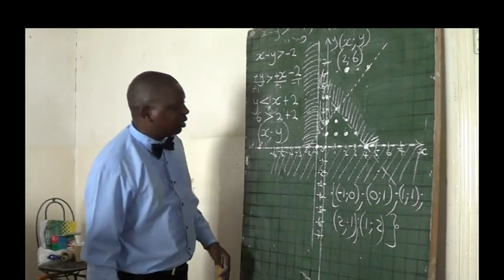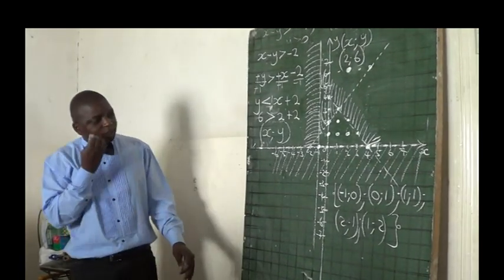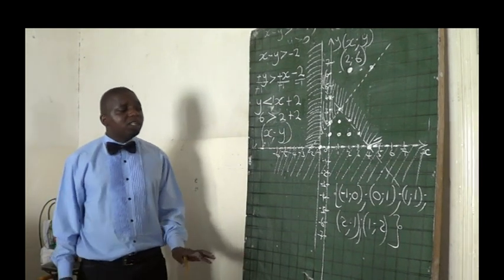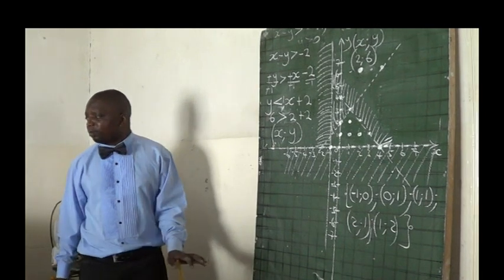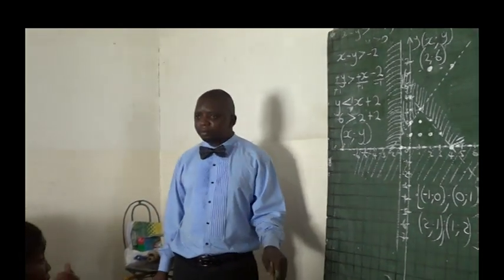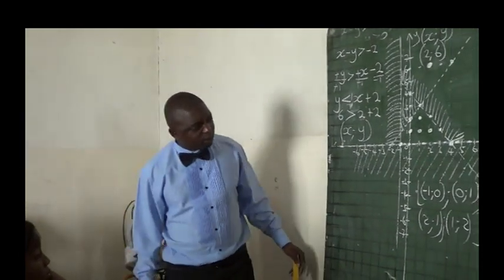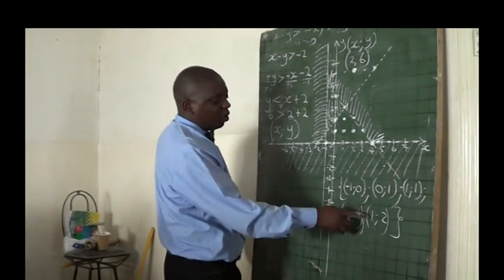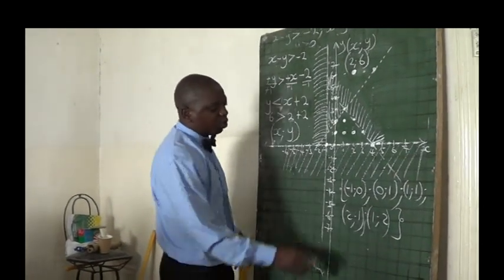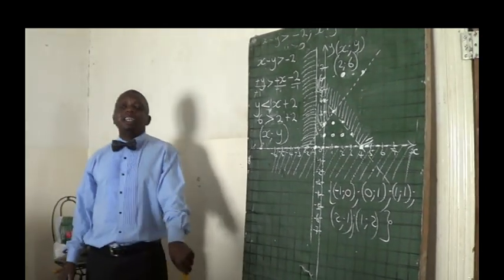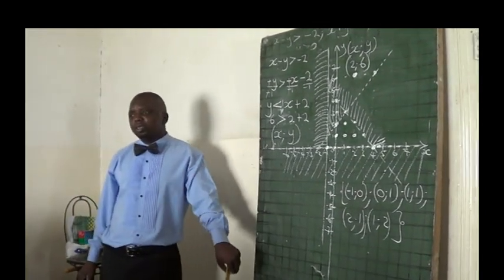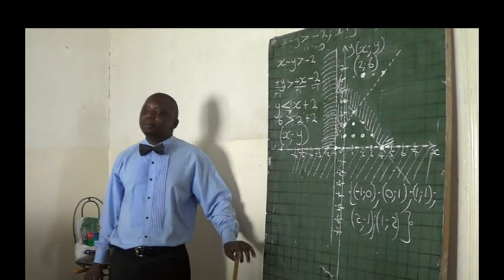Write down the greatest value of x plus y. The greatest value of x plus y is 3, from 1 plus 2 or 2 plus 1. What about the least value of x plus y?